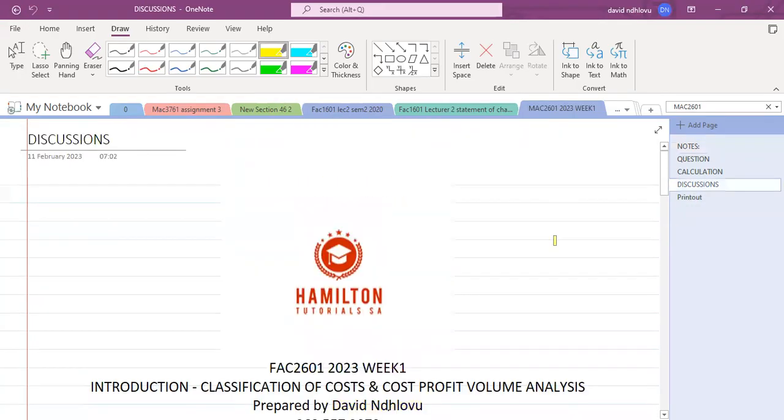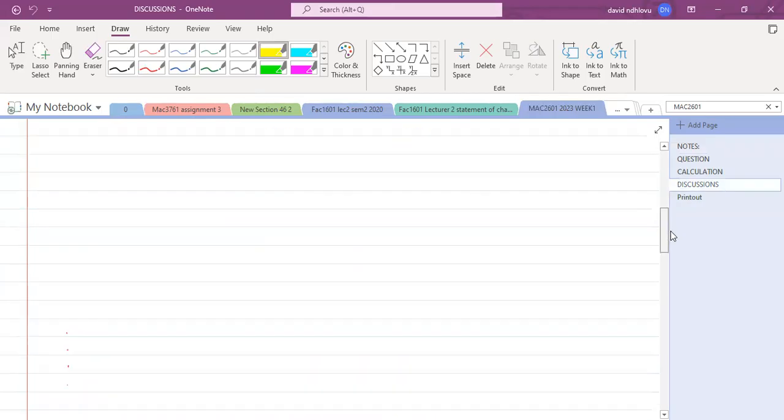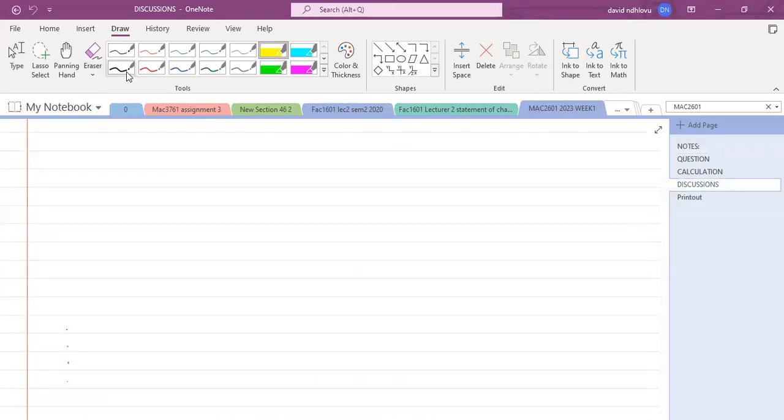Just as a discussion point. Remember, we are talking about MAC2601, which is basically your cost accounting.